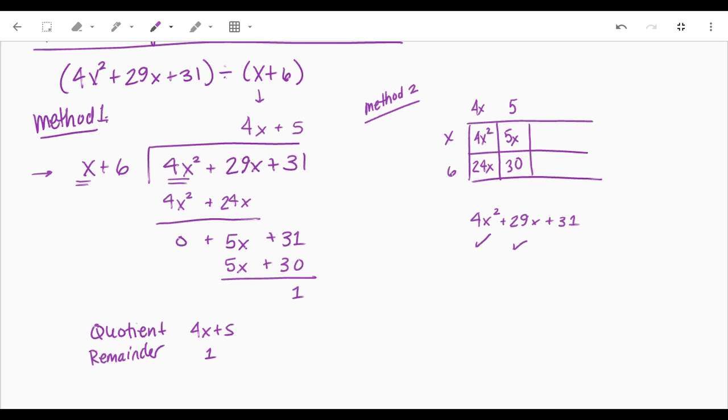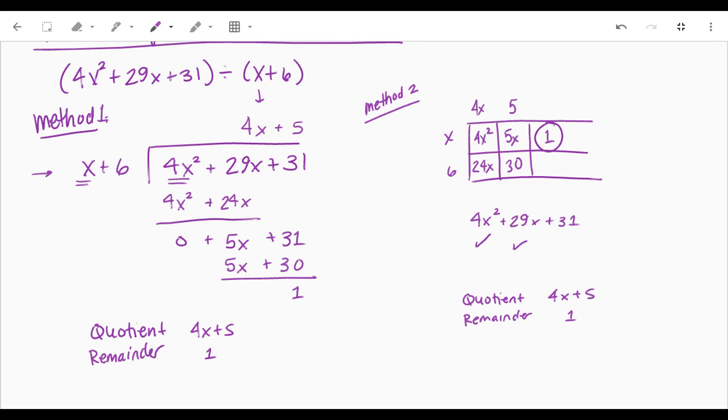And then there's your remainder, the 1 that you still need. So this still gets us our quotient of 4x plus 5 and our remainder of 1. This is the remainder here. Okay, so hopefully you remember that a little bit.